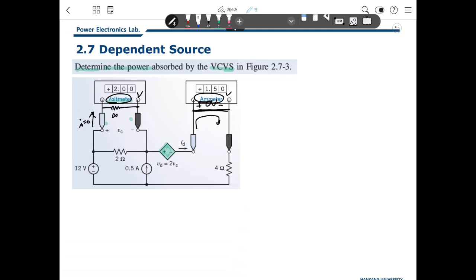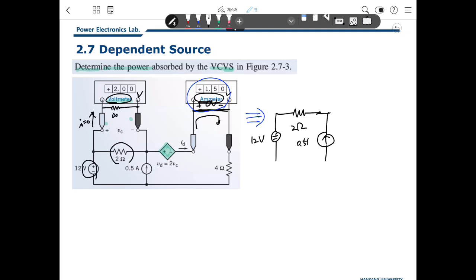So we can measure, I mean, you don't need to worry about the value of that. We need to think about a simpler circuit. Like there is 12 volts here, a resistor of 2 ohm, and this is a current source of 0.5 amps, and there are different voltages VD to VC, and the impedance is 4 ohm, connected this way.